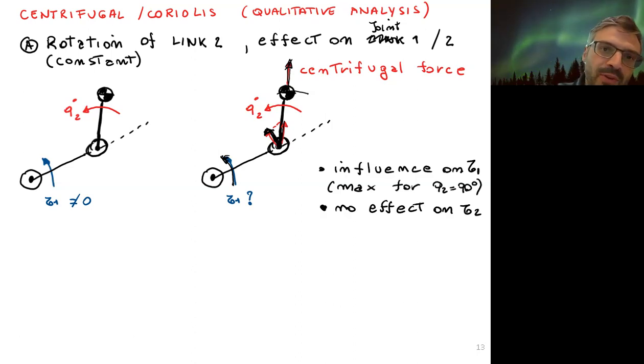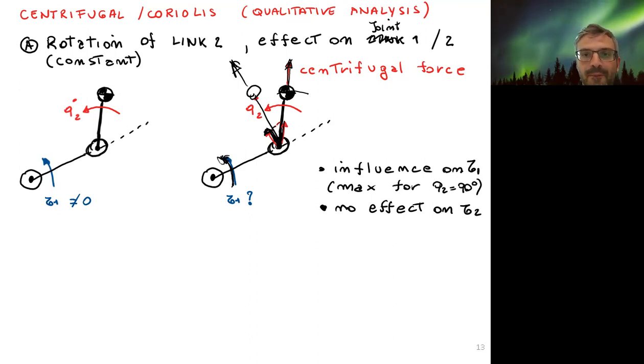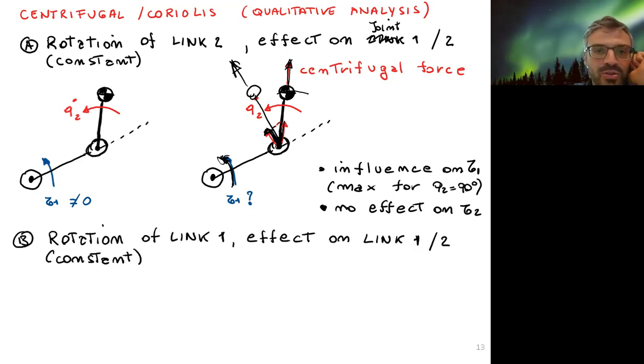This influence is maximum whenever this is at 90 degrees, because you don't have to do the projections here. All the centrifugal force goes into torque tau 1, and there is never an influence on tau 2. You remember I told you before that I would explain this fact, that there is no influence on the joint itself.